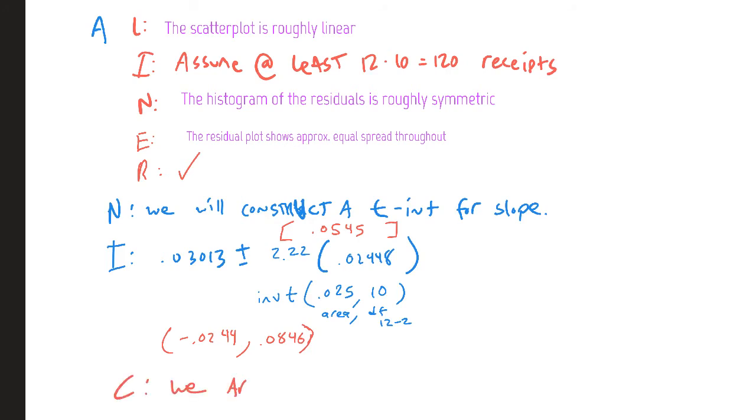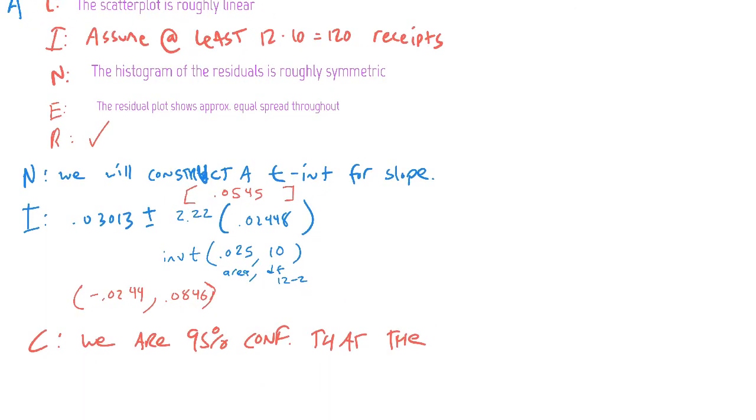We are 95% confident that, now normally we say the true mean, but it actually wouldn't be necessarily wrong to say that. But here we usually say the slope of the true line or population.